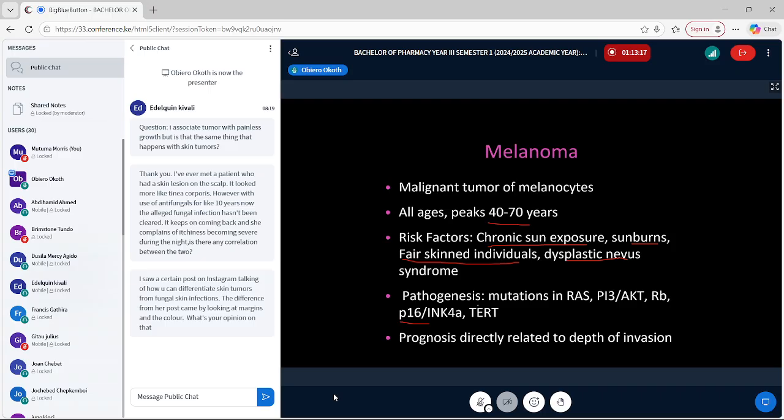And the most important prognostic marker is the depth. Melanoma: we are already worried. All you need to say is that melanoma is already malignant.